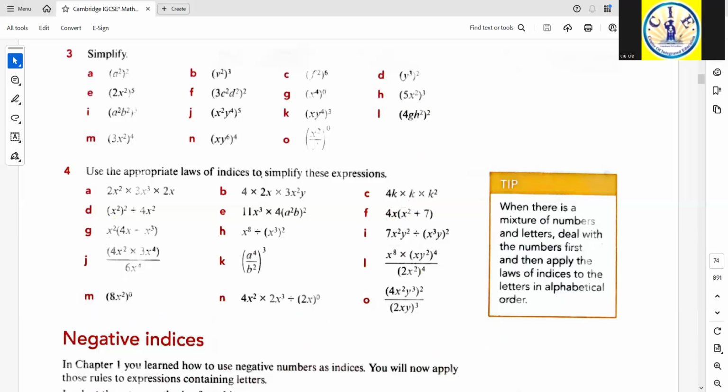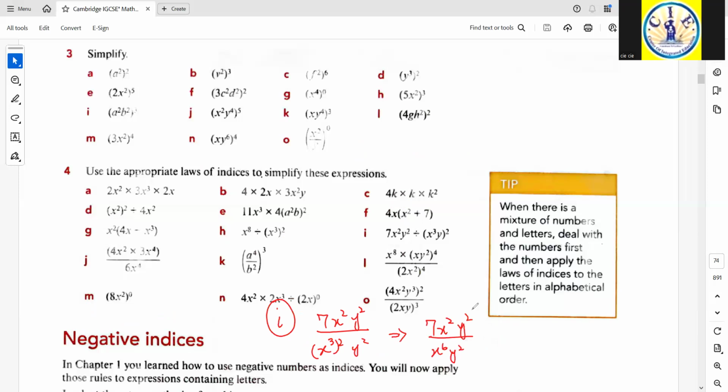Okay, now for part I, 7x squared y square whole divided by x cubed raised to power 2, then y squared, which will give us 7x squared y squared divided by x6 y squared.